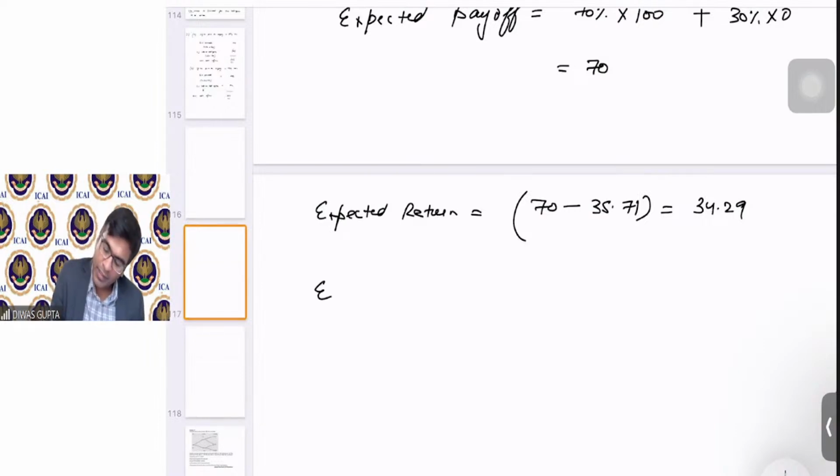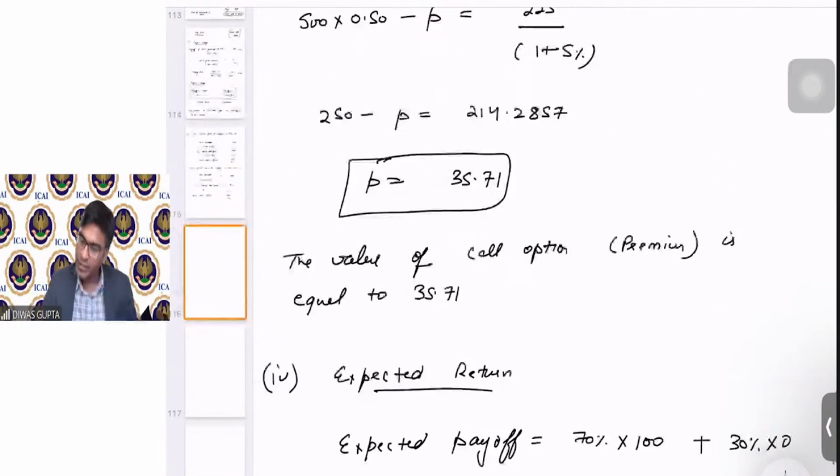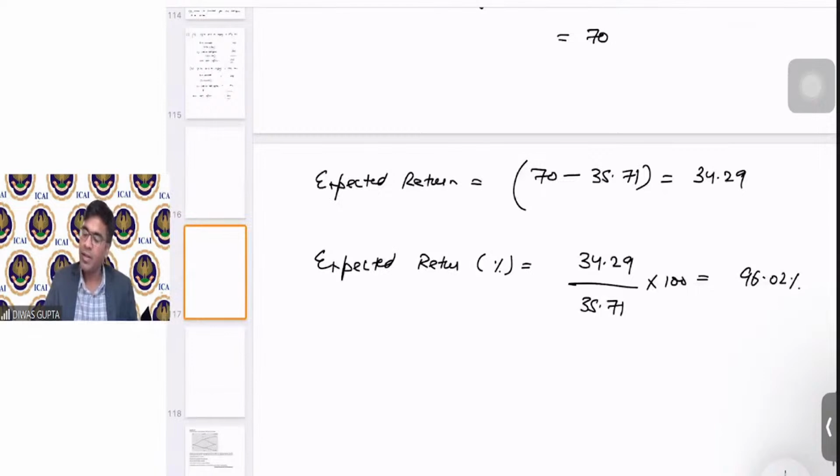And in terms of percentage, it becomes 34.29 divided by 35.71, which is actually 96.02%, students. Yes, Tanisha, your answer is correct, 35.71. So the expected return is almost 96% on these values.